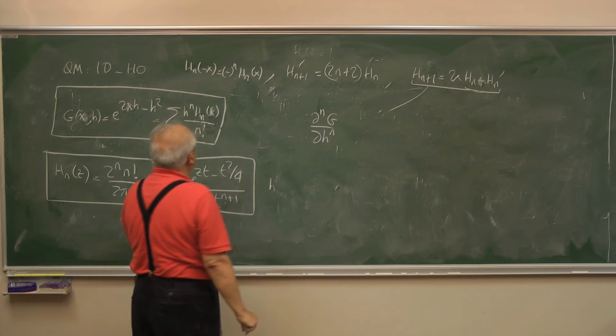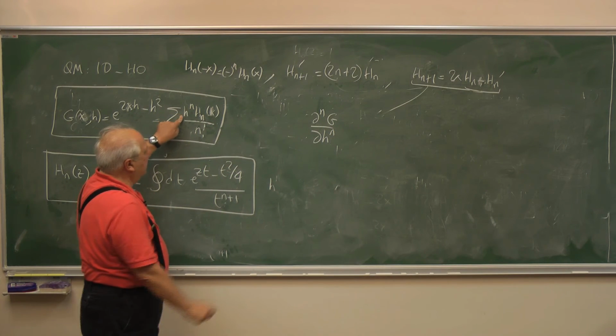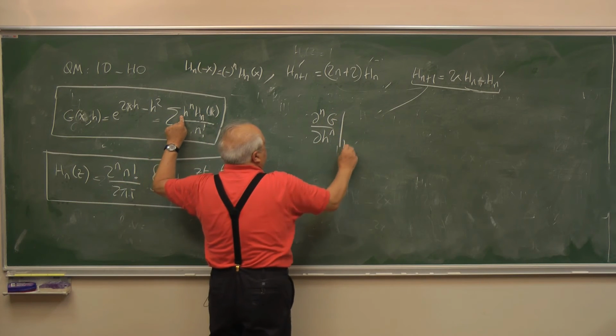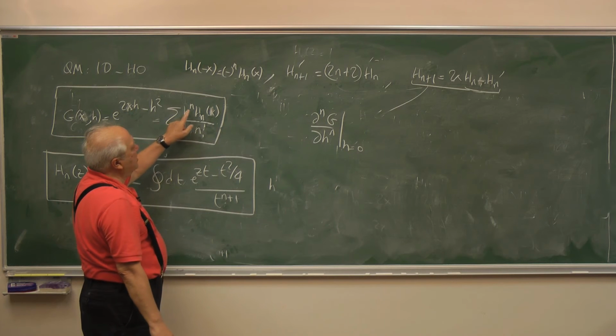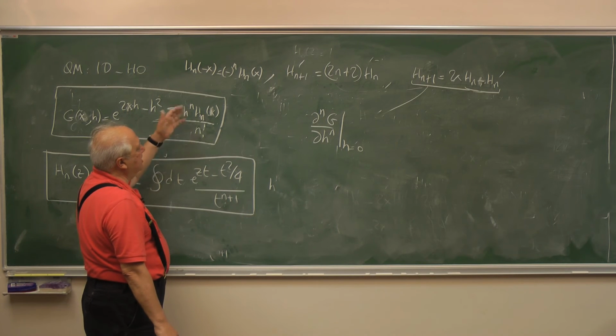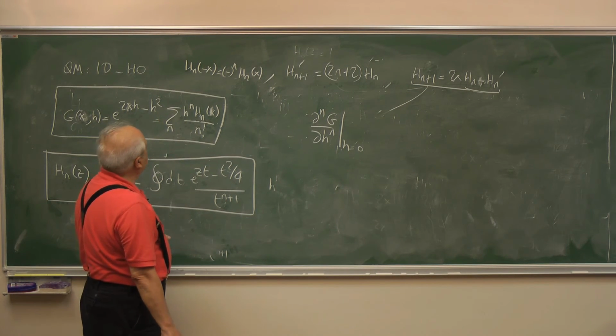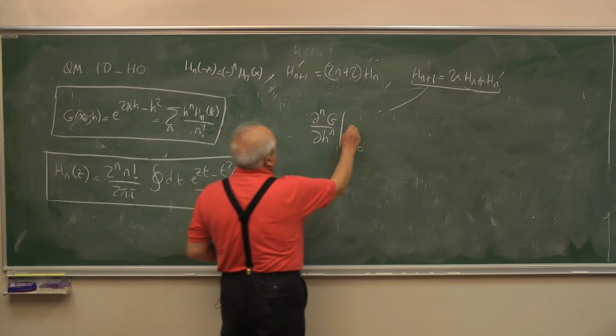If you take the n derivatives, this brings n factorial, and if you put h equals 0 afterwards, this kills all the higher powers higher than h. This is simply h_n of x.